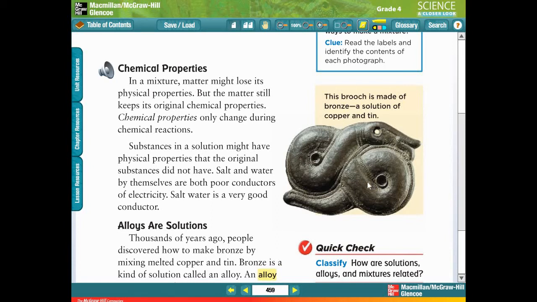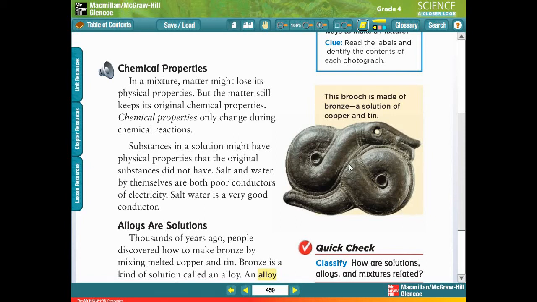I want to focus on this point because I think some of you are confused. How can it change in color and in another property, become new properties, and it's still a physical change?